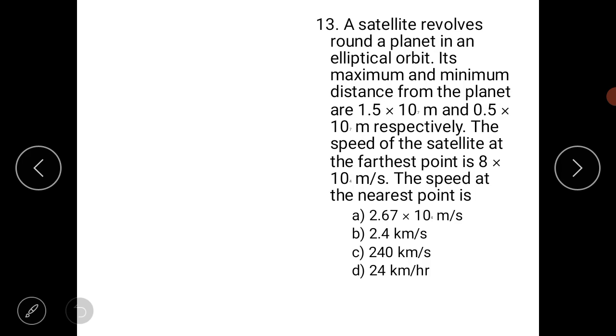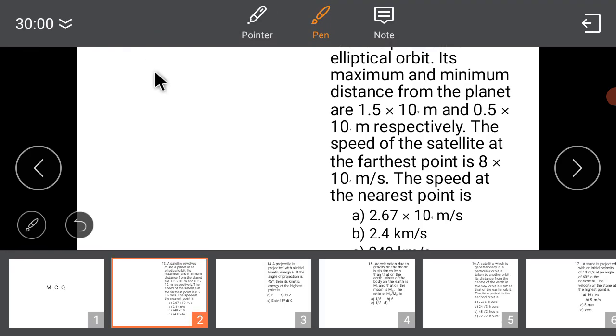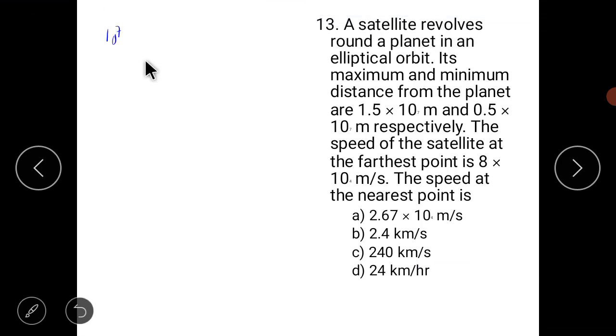Its maximum and minimum distances from the planet are 1.5 into 10 to the power 7 and 0.5 into 10 to the power 7 meter respectively.